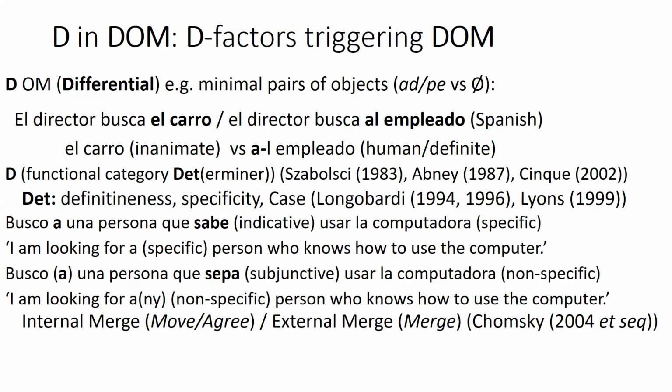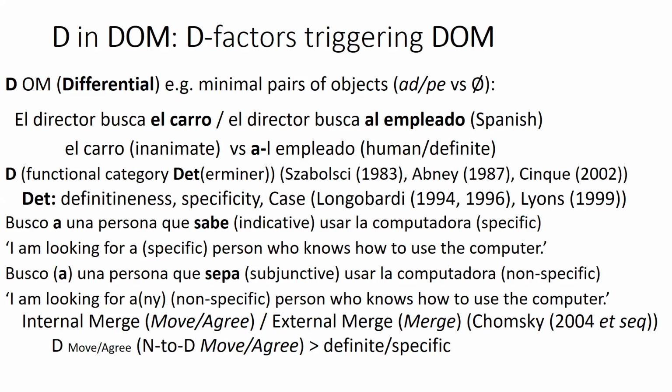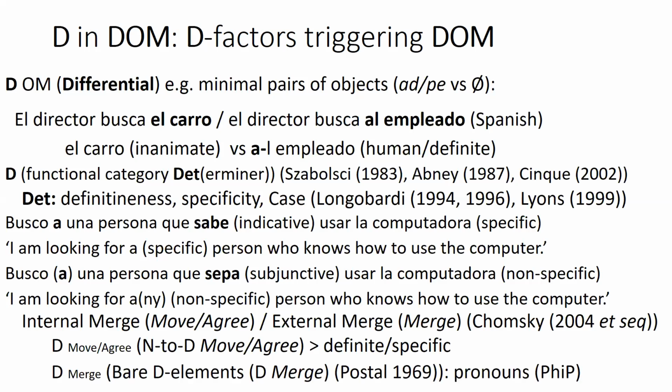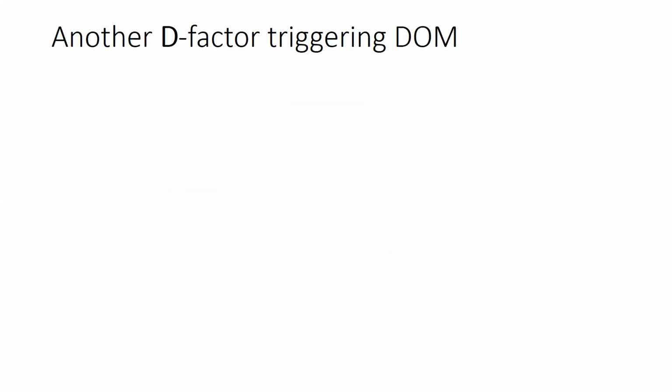So D can be realized in different ways via move or agree or merge, etc. We hence get a D movement or agreement, hence Det movement or agreement, which gives us definite and specific nouns, and also some bare D elements, as famously proposed by Postal. For example, pronouns, which are bare D elements. We'll see these different types of D elements as we go on. But D here stands for Det, which is another factor which seems to condition DOM.